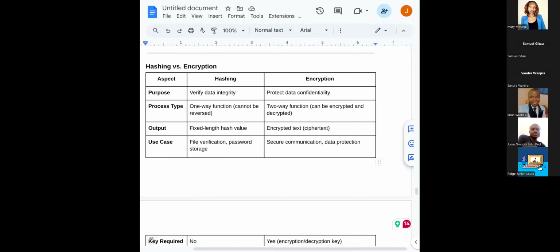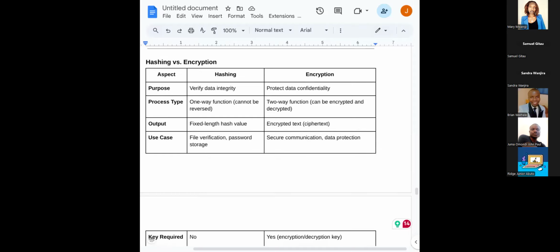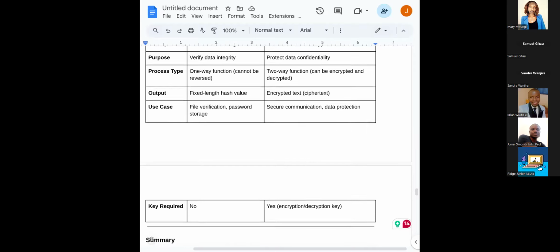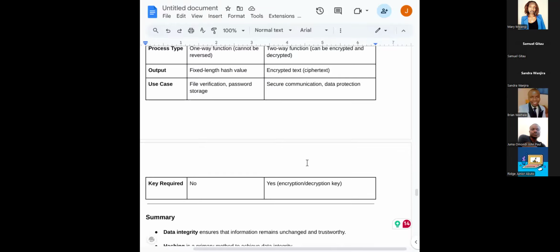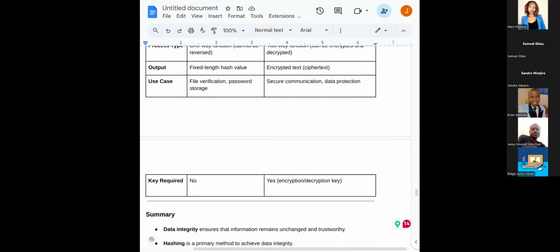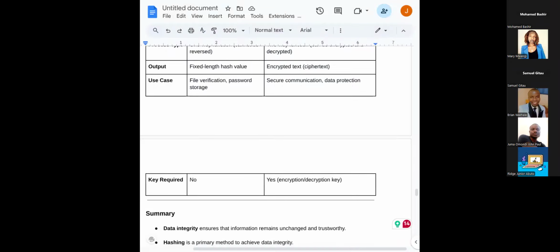Output: for hashing, a fixed-length hash value; for encryption, ciphertext. Use case: for hashing, file verification and password storage; for encryption, secure communication and data protection. Key required: for hashing, no; for encryption, yes.